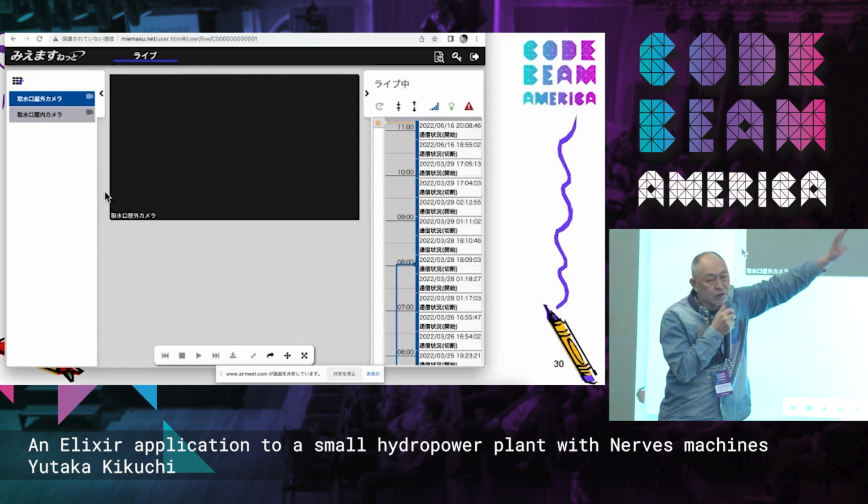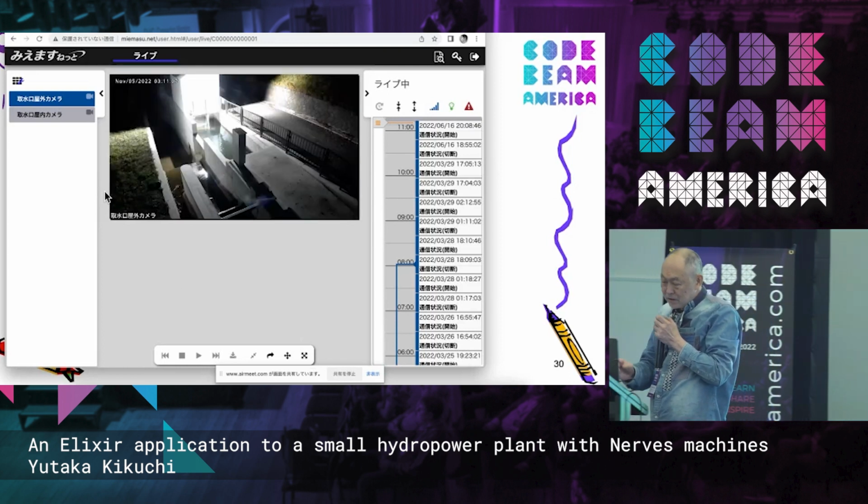Most of the water is used for the powerhouse.